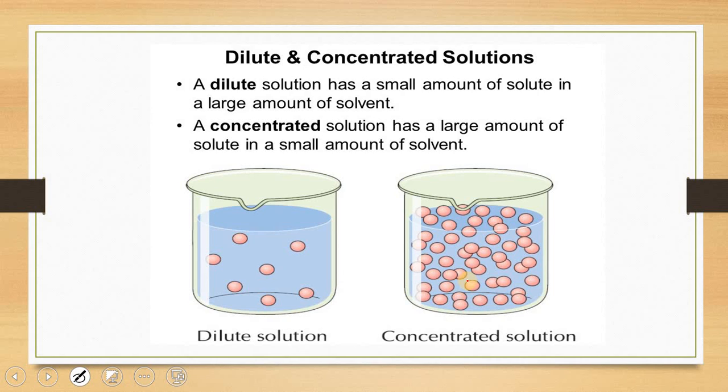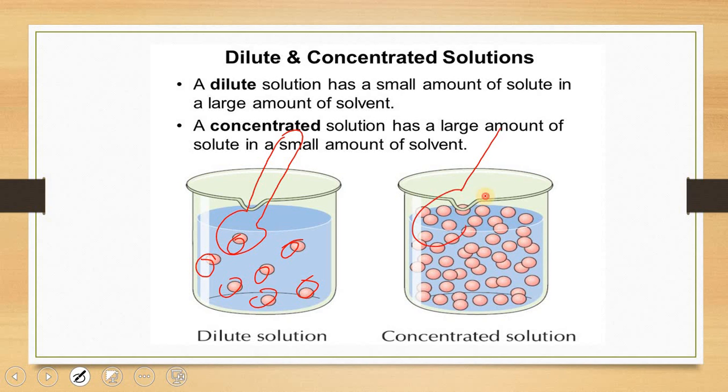Tadi like I told you, a dilute solution has a small amount of solute, a large amount of solvent. Okay, so for example, macam tadi, if I only put 1 tablespoon of salt, just mean dia cuma ada sikit saja garam. Tengok ni, only a few molecules of salt. But a concentrated solution has a large amount of solute in a small amount of solvent.